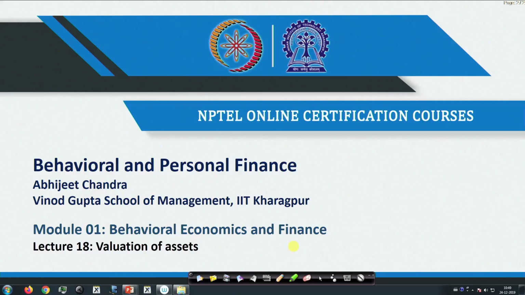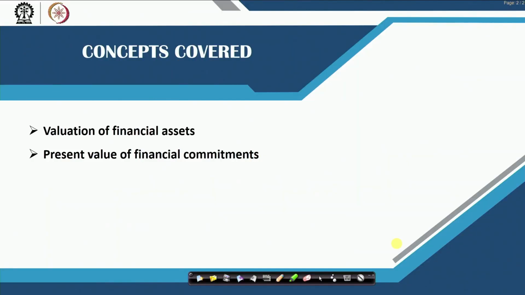The topics that we are going to cover are basically valuation of financial securities. The topics that we are going to discuss today include valuation of financial assets and present value method of calculating financial securities prices.